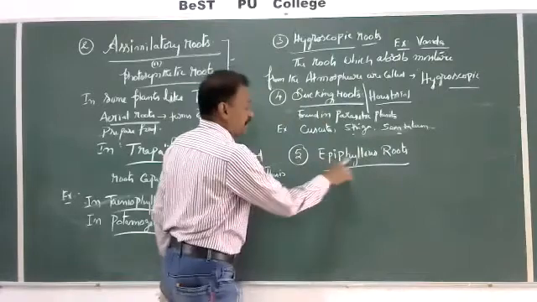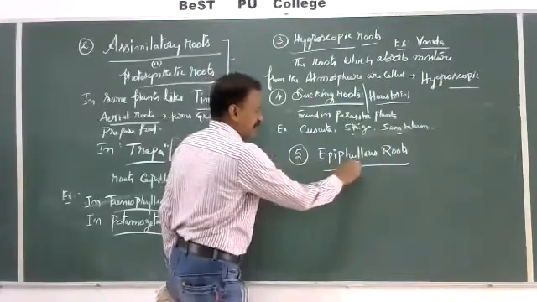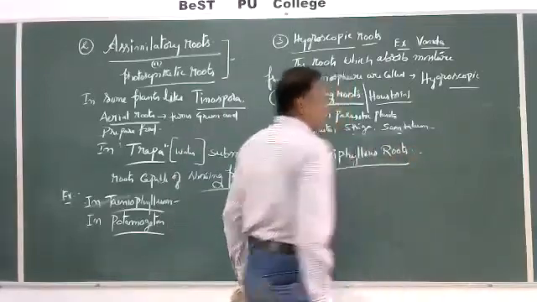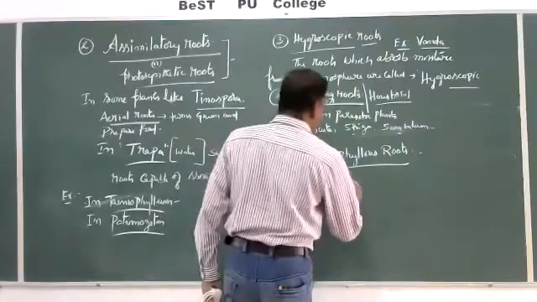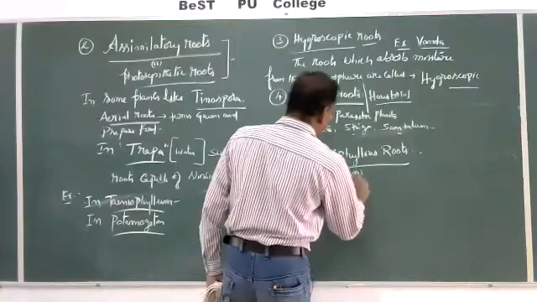Epi means upon, phyllous means leaves. Epiphyllous roots are foliar roots. Foliar means leaves.